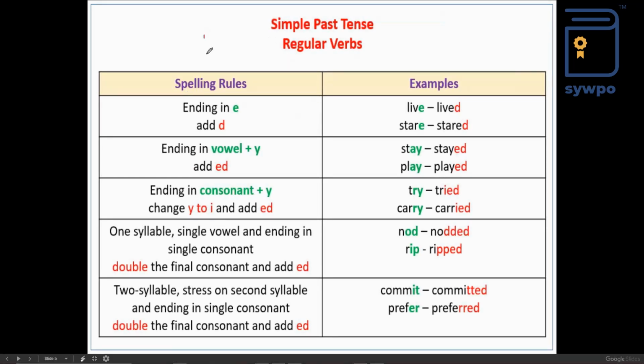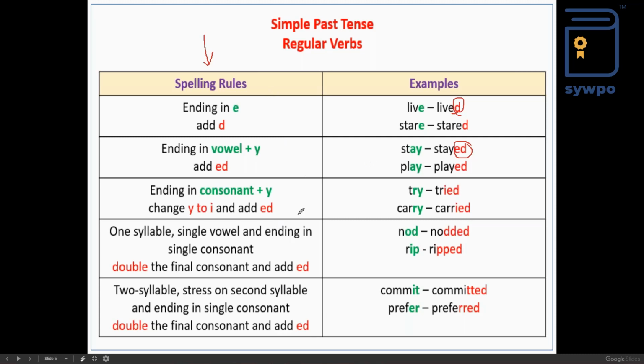Now look here, why we have D ending words or ED ending words. Regular verbs are actually formed, but irregular verbs cannot be formed. They are already made. You learn the irregular verbs, but you make the regular verbs.